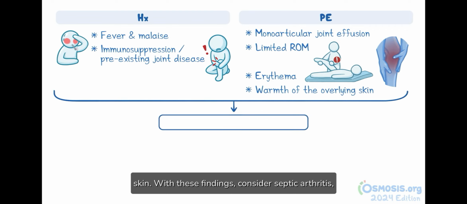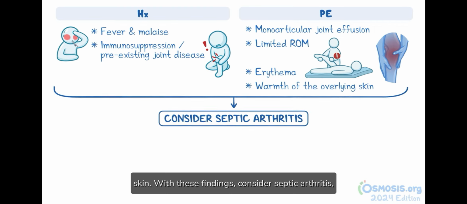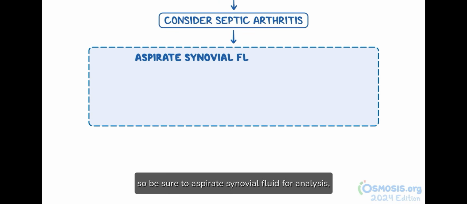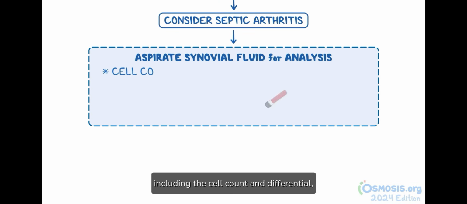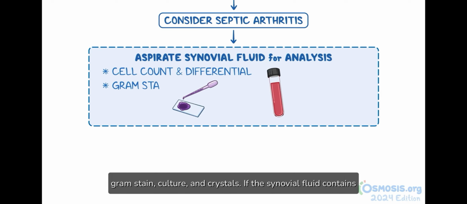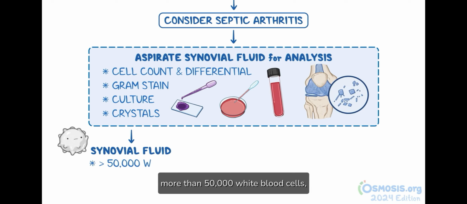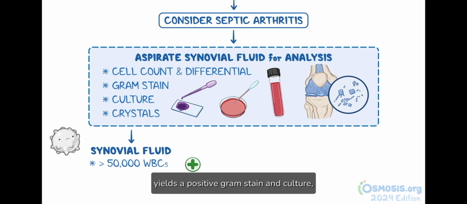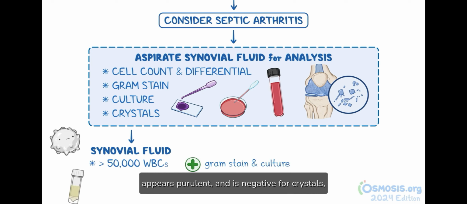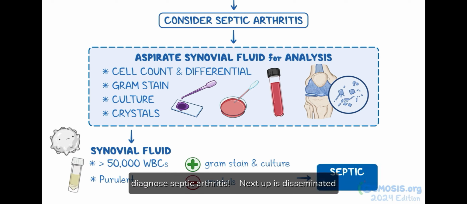With these findings, consider septic arthritis, so be sure to aspirate synovial fluid for analysis, including the cell count and differential, gram stain, culture, and crystals. If the synovial fluid contains more than 50,000 white blood cells, yields a positive gram stain in culture, appears purulent, and is negative for crystals, diagnose septic arthritis.